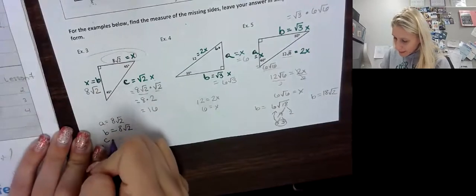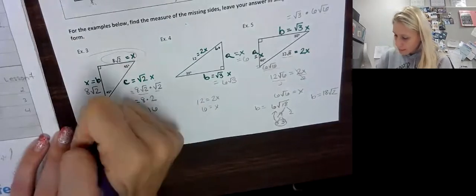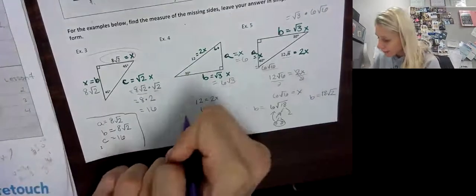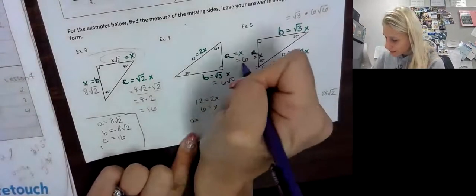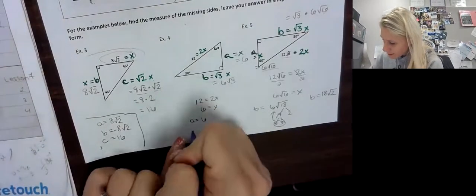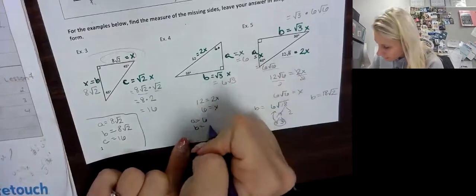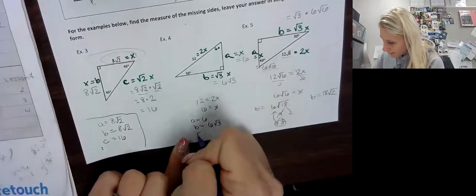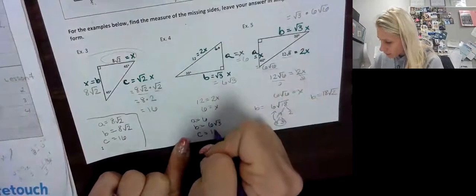And C came out to be 16. This might make it easier for you guys to organize your work. Let's do the same thing here. A, if we go back to our triangle, is 6. B is 6 square root of 3. And C equals what's given to us already, which is 12.